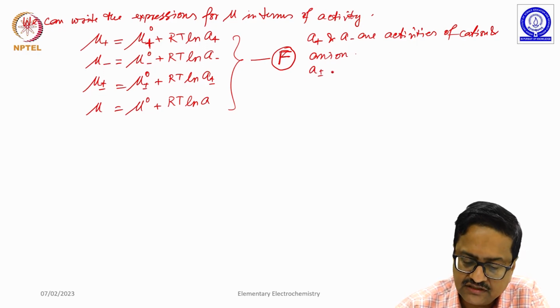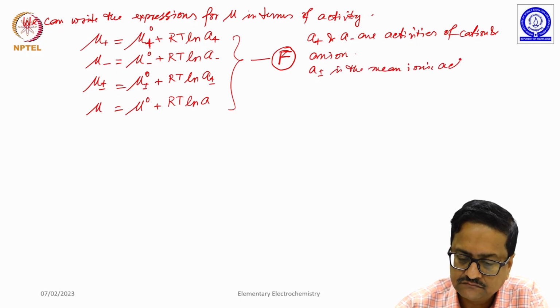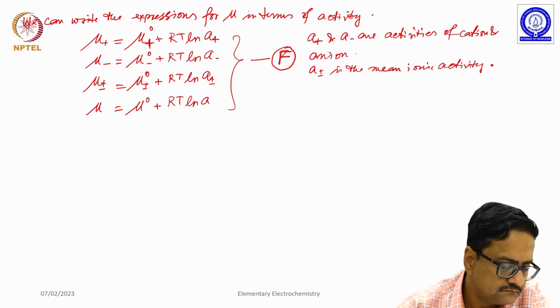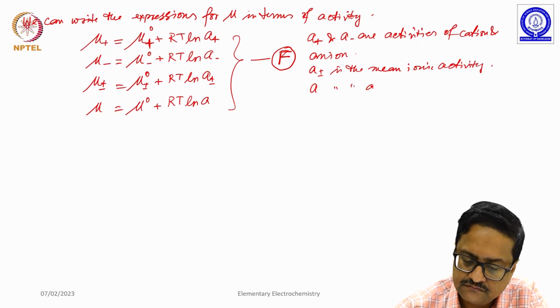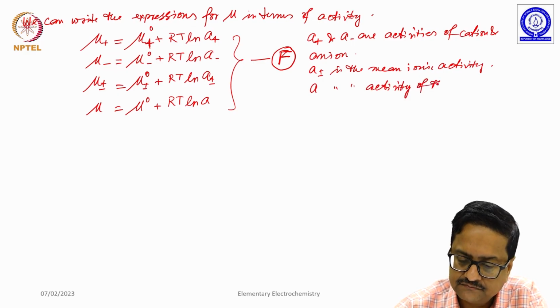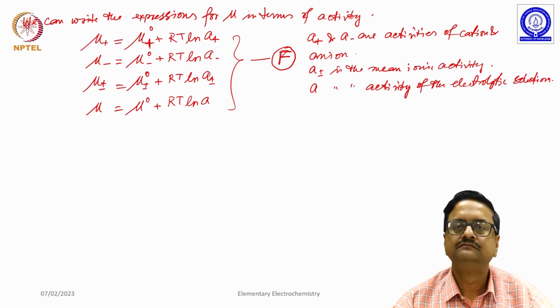A plus minus is the mean ionic activity, and A is the activity of the electrolytic solution, right?